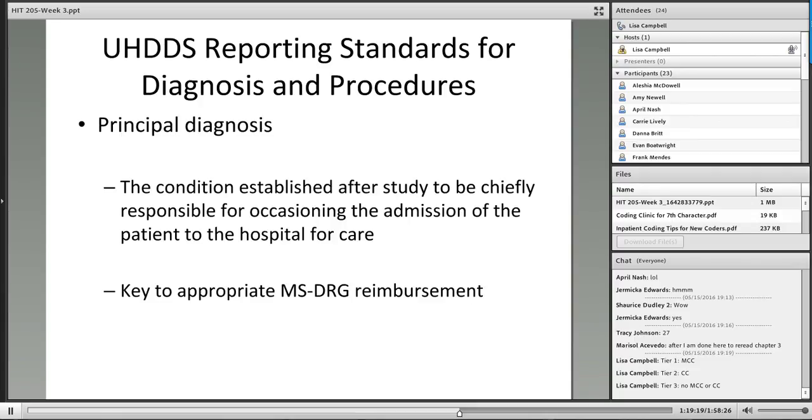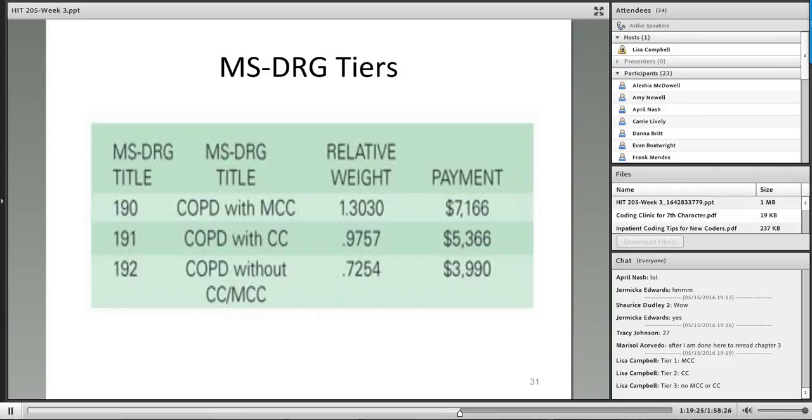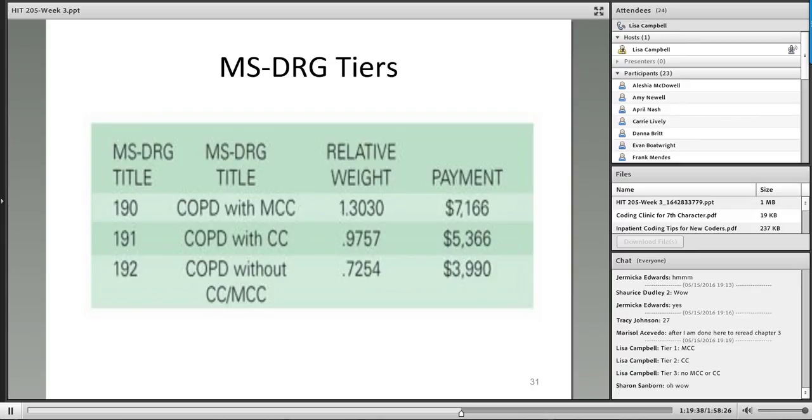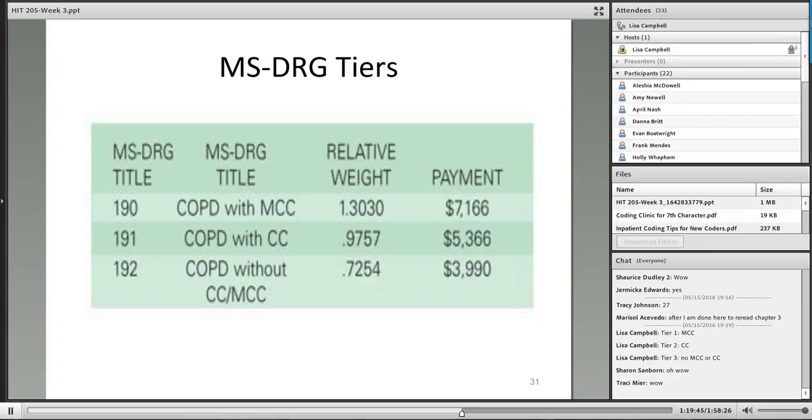Now, if you're like me, you're a visual learner, so let's see a picture. A picture is worth 1,000 words. Here are 3 patients with COPD. One is a tier 1, one is a tier 2, and one is a tier 3. Now let's let that picture marinate for a second and tell me what you notice.